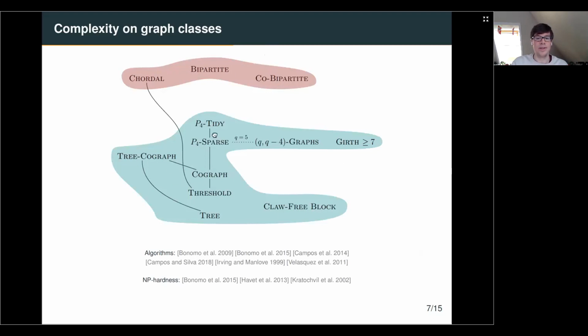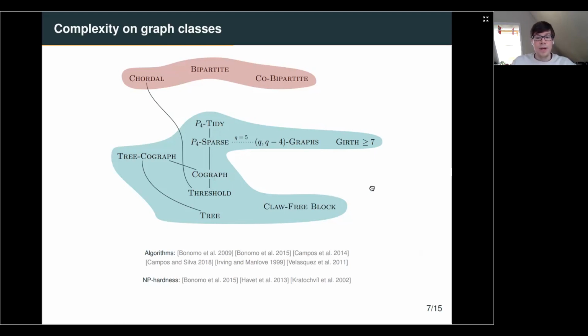And for the lower ones, the problem has been shown to be polynomial time solvable. And note that in this picture, whenever there's an edge between 2 graph classes, it means that the upper graph class contains the lower one.